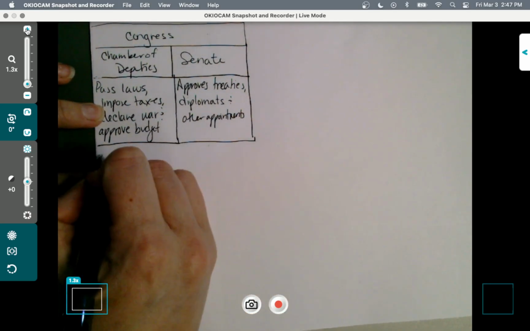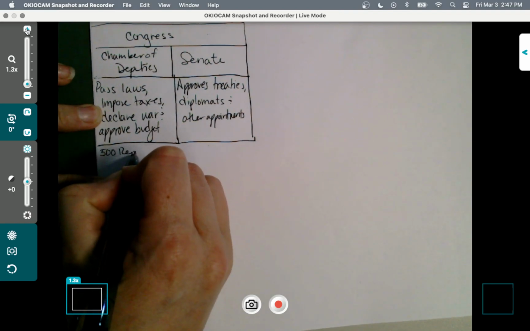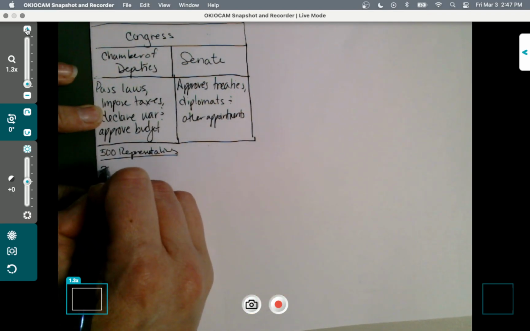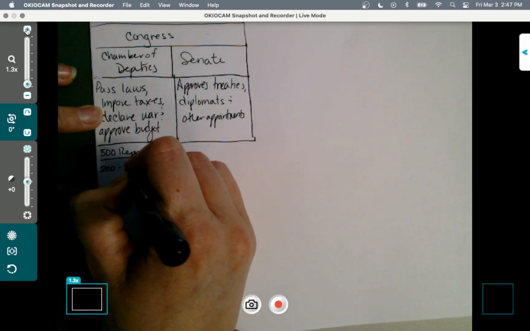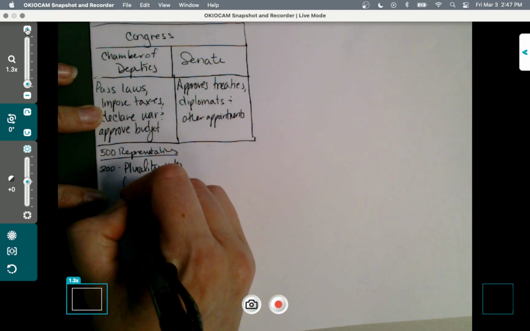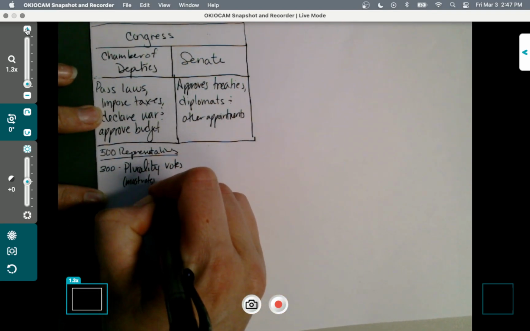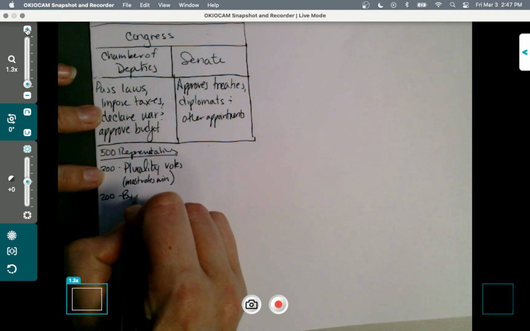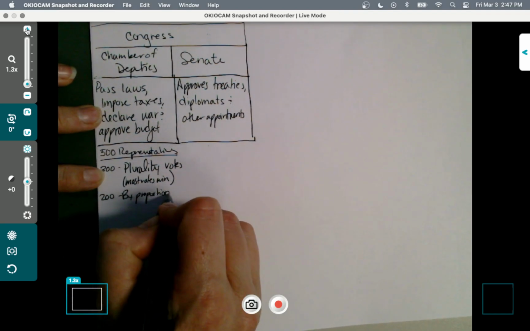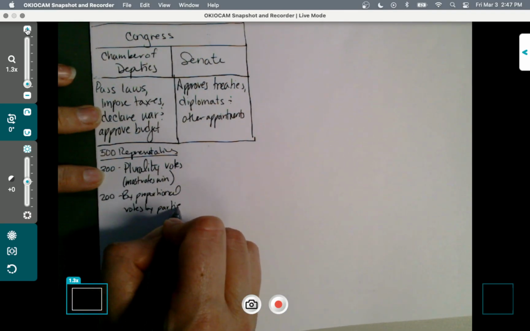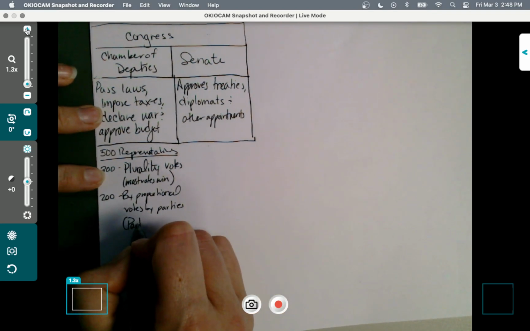All right, for your Chamber of Deputies, you have 500 representatives. 300 are from plurality votes, which are most votes win. 200 are by proportional votes by parties, parentheses, party appointments.